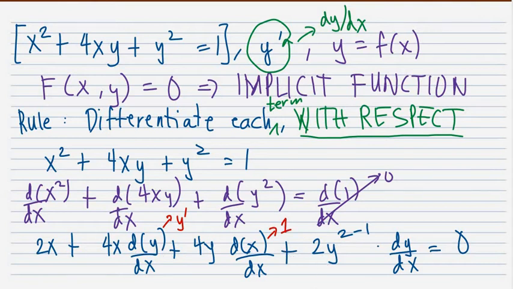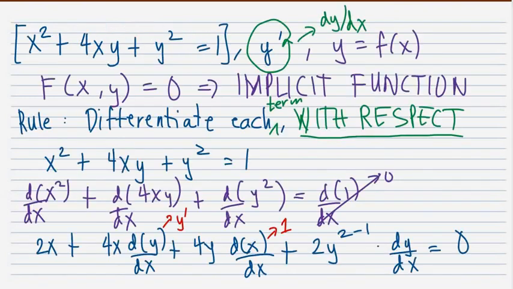So let's go ahead and simplify that in our next page. So we have 2x plus 4x. Then I have told you that the derivative of y with respect to x is y prime. That's very elementary. Plus 4y times the derivative of x, which is 1.